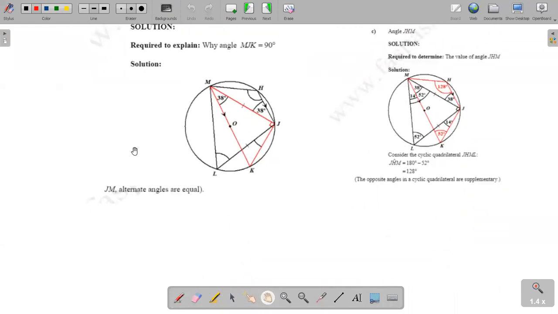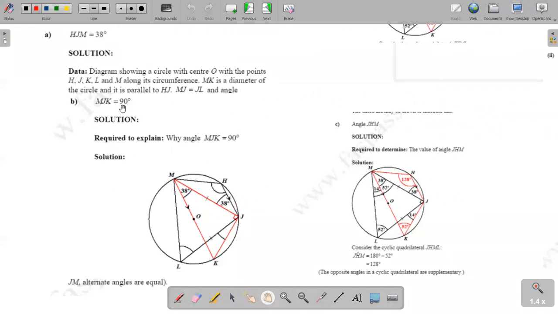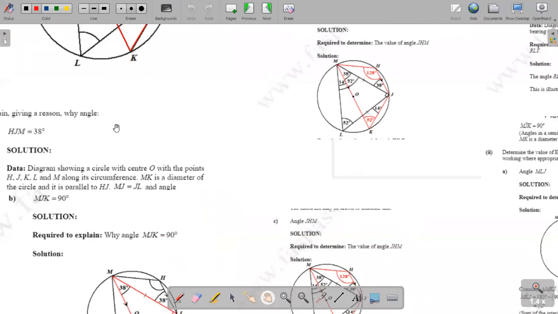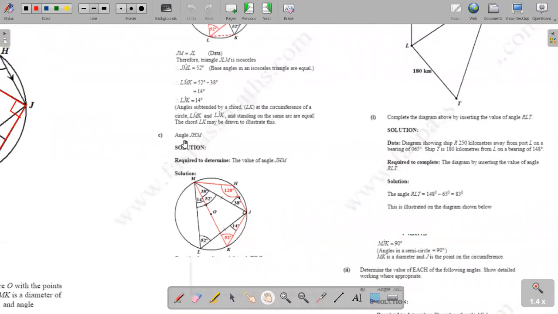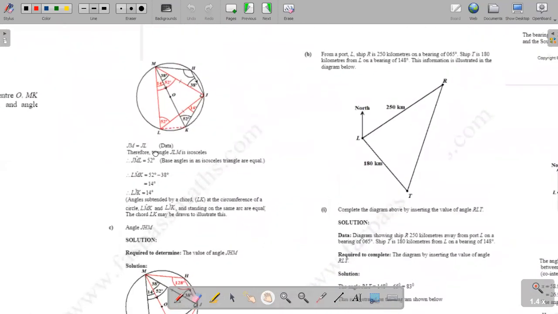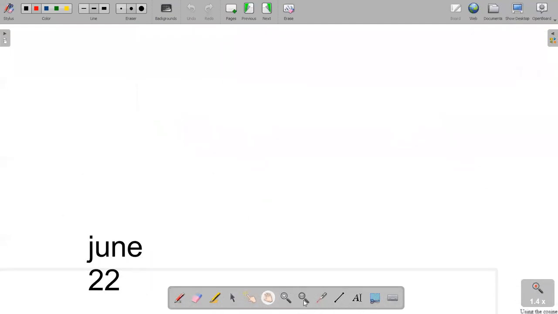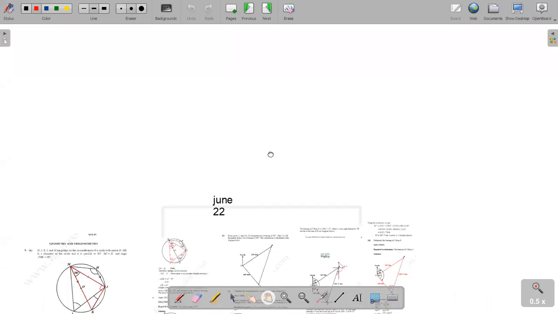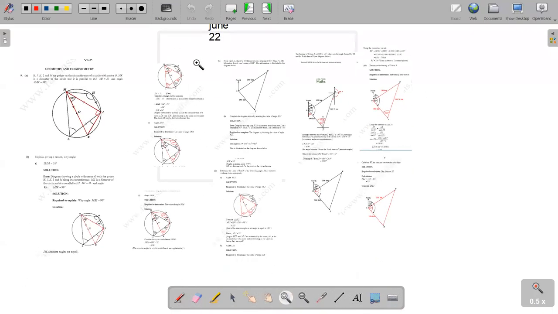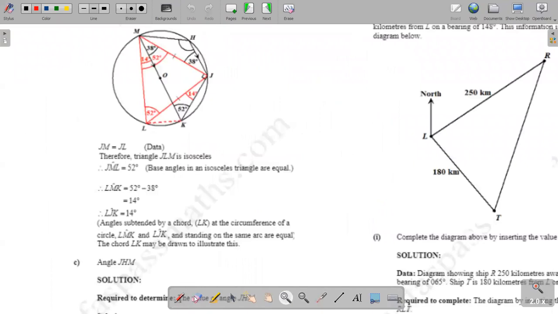A, B, C. I'm not sure. I think something is missing. Let me see. Let me go up. I have the exam. Somewhere else? Something is missing with this one, but let's just read it to see if we understand.